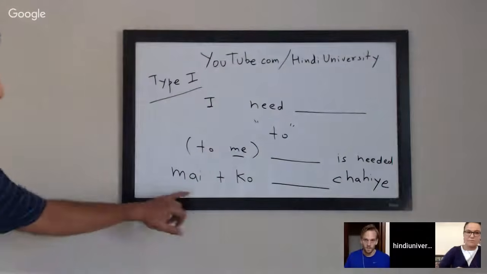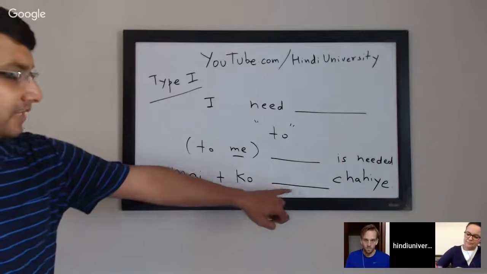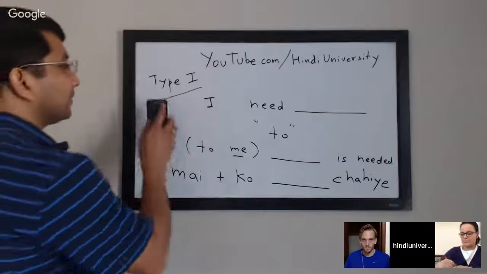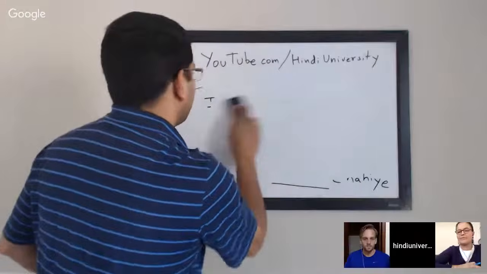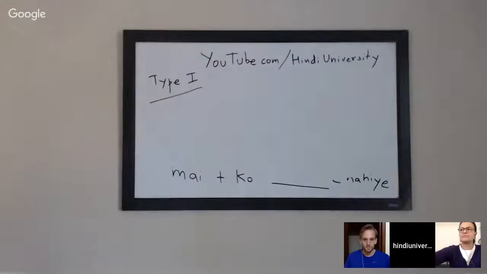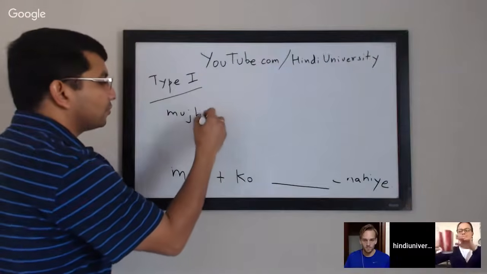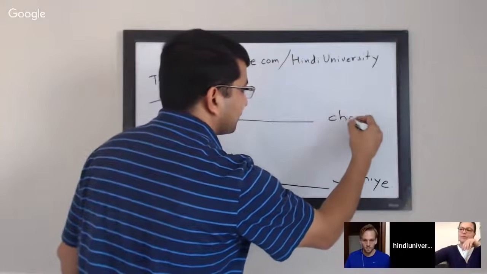Mujhko, and then something that you really want, and then chahiye. So let's look at it in a little bit more detail and in scenarios. We're still in type 1. So you'll say mujhko chahiye.